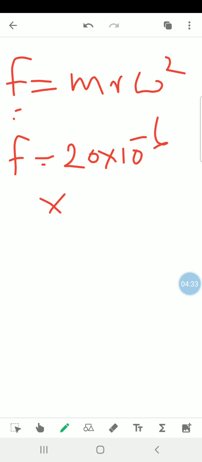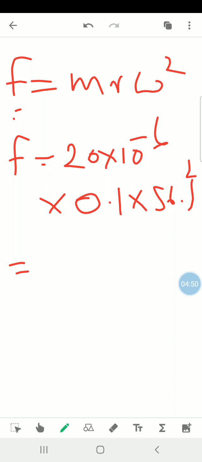R is 10 centimeters, so it would be 0.1, multiplied by omega, which was 56.5, squared. When you simplify this, you will get the answer to be 0.0064 newtons.